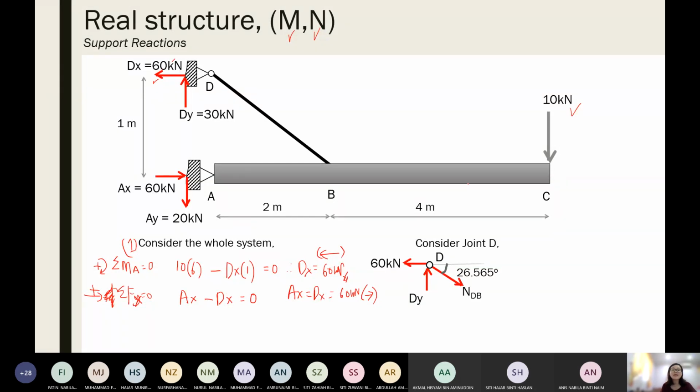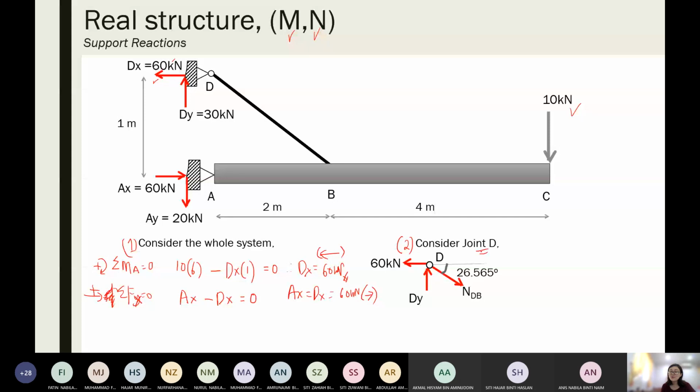Therefore, we can use another method. Either you cut a section, or you consider the joint. I choose the second process, which is to consider the joint. Treat it just like the method of joints in your truss analysis.